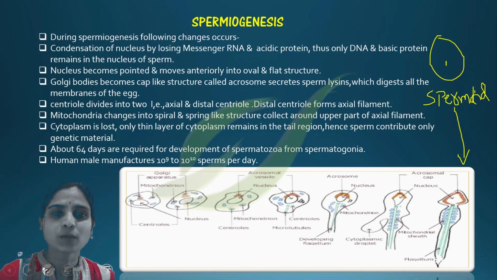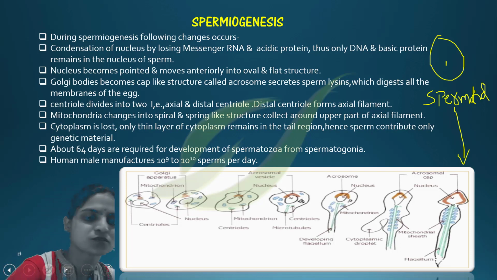During spermiogenesis, the changes taking place are as follows. Here we can observe the spermatid, which has a nucleus as well as cell organelles like Golgi apparatus, mitochondria, centriole, and cytoplasm. All these cell organelles present inside the spermatid, how they are going to change, we are going to study here.